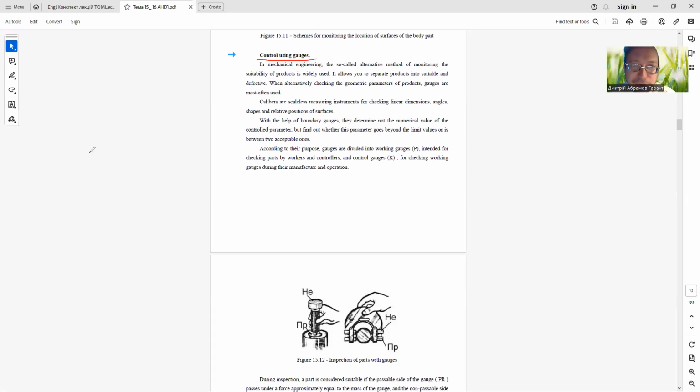In mechanical engineering, the so-called alternative method of monitoring the suitability of products is widely used. It allows you to separate products into suitable and defective. When alternatively checking the geometric parameters of products, gauges are most often used.